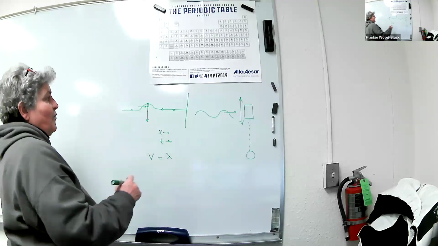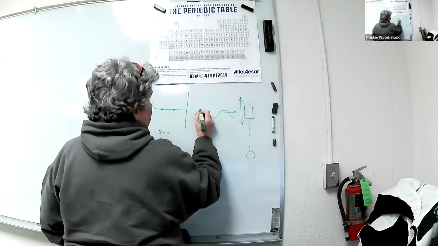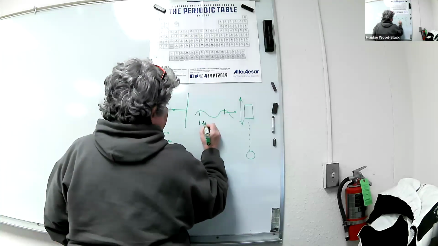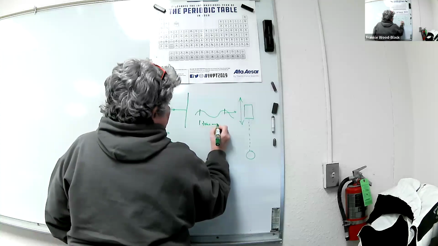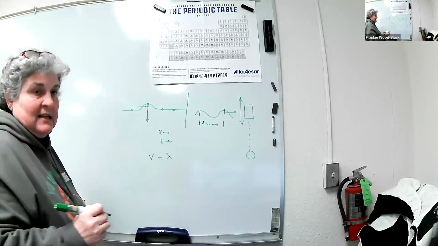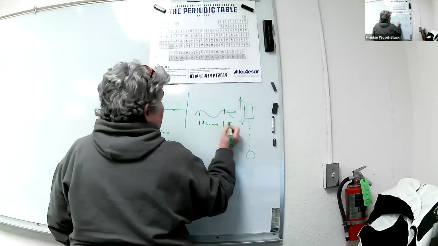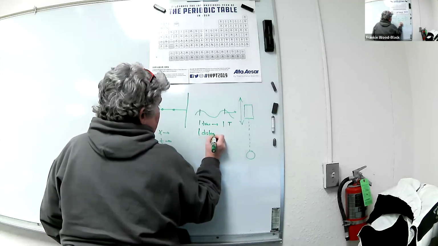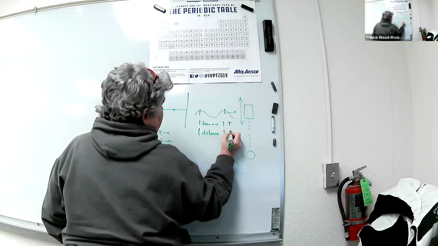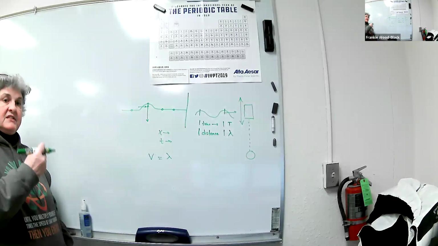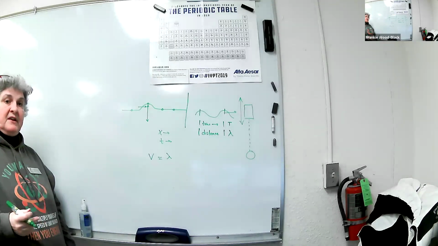So if I'm looking at my item here, the time that it takes to go from crest to crest, that's our period. But the distance from here to here is our wavelength. So the distance of our full wave is the wavelength.